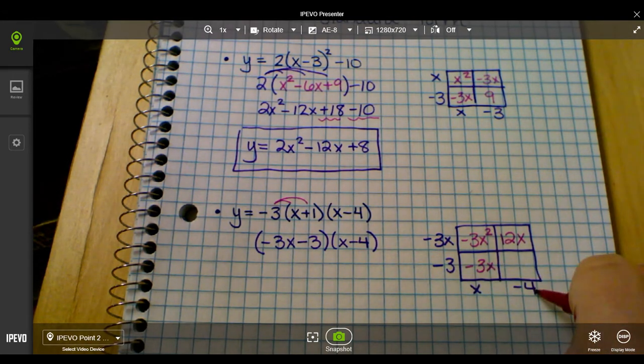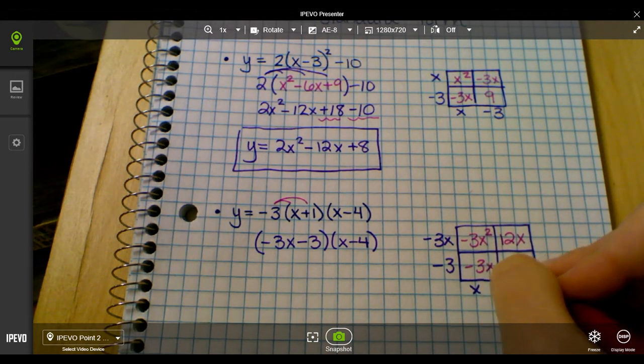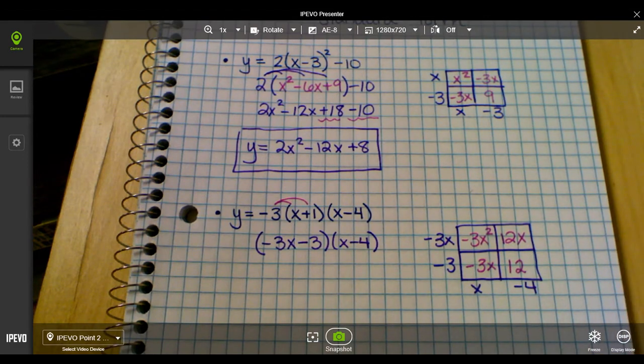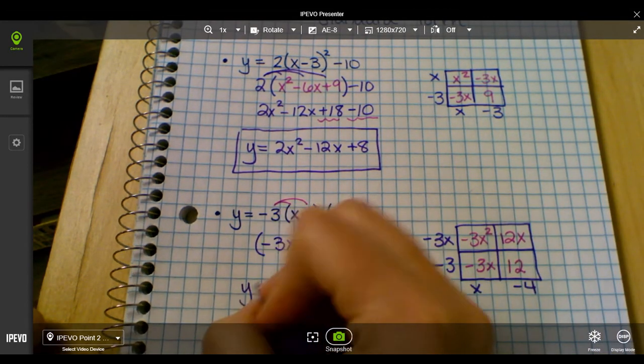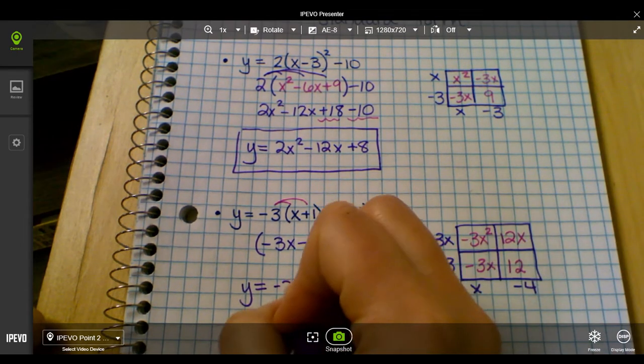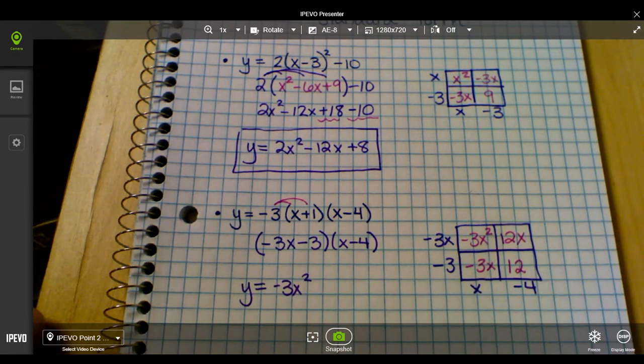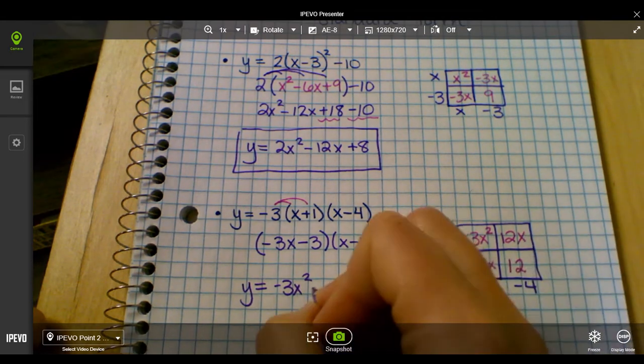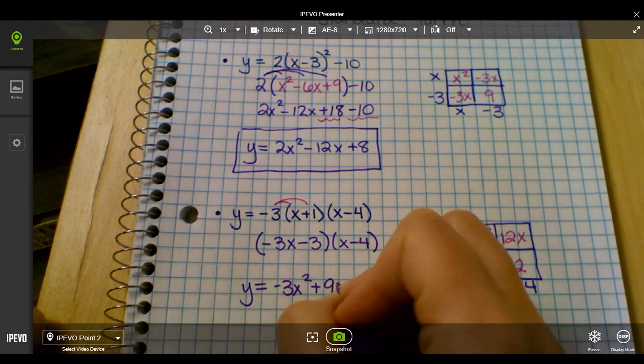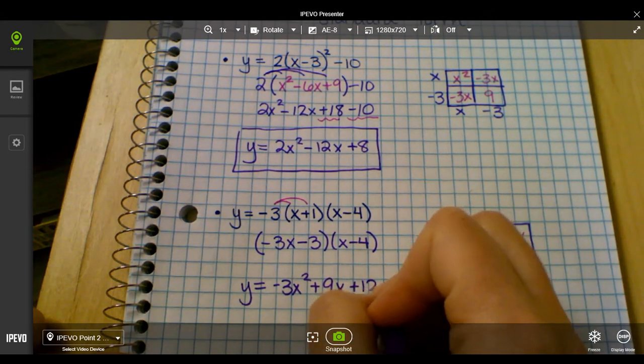And negative 3 times negative 4 is positive 12. So then what's going to be my final answer? I just have to combine like terms. y equals negative 3x squared. Combine like terms, 12x minus 3x is 9x, and then plus 12.